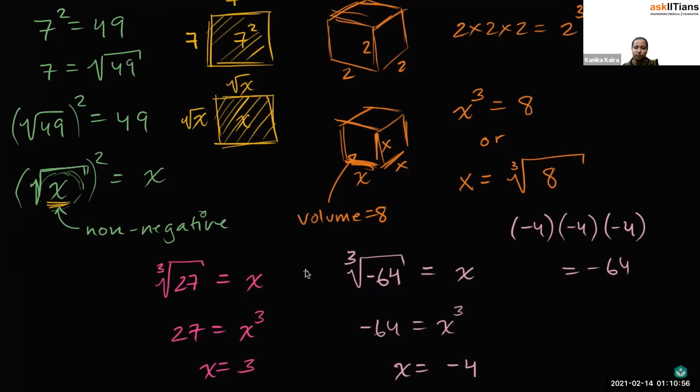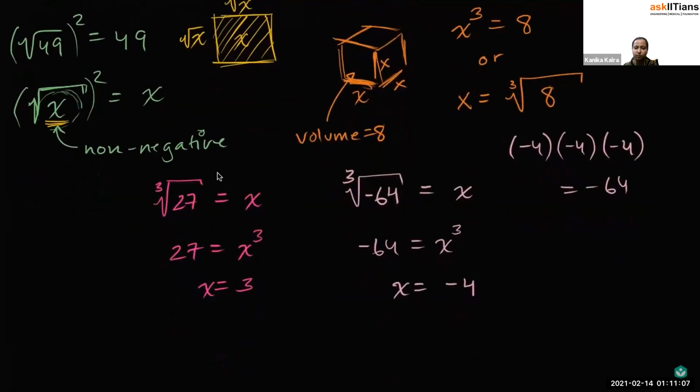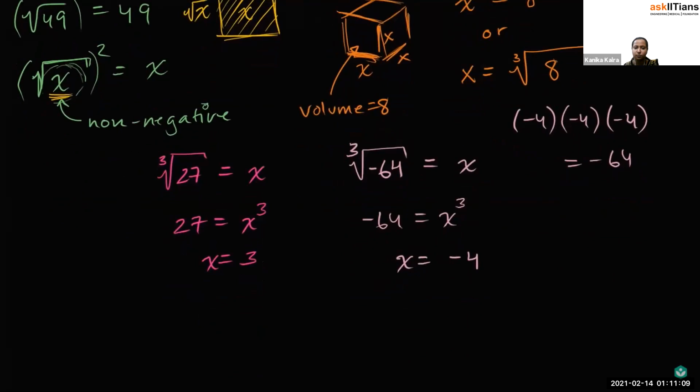Now you might be saying, well, you just knew that 3 to the third power is 27, so you took the cube root and got x. Is there any simple way to do this? If I give you an arbitrary number, say the cube root of 125, the easiest way to figure this out is to do a prime factorization.